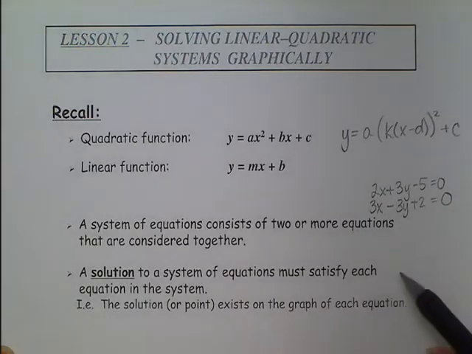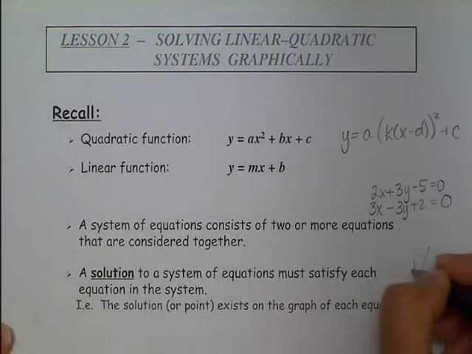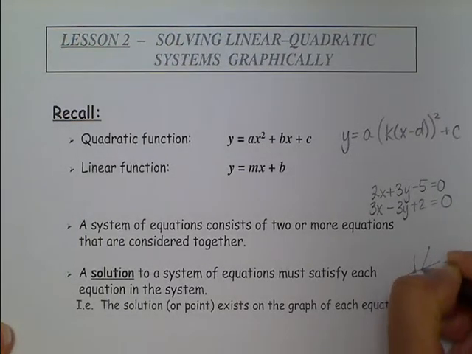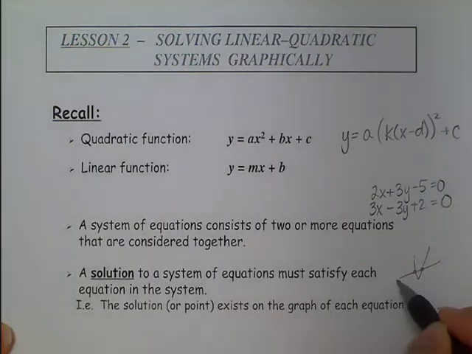So a solution to a system of equations must satisfy each equation in the system. Or in other words, the solution or point has to exist on the graph of each of the equations. For example, if you have the points of intersection between a parabola and a line, these 2 points that I'm highlighting have to exist both on the line, and they also have to exist on the parabola as well.